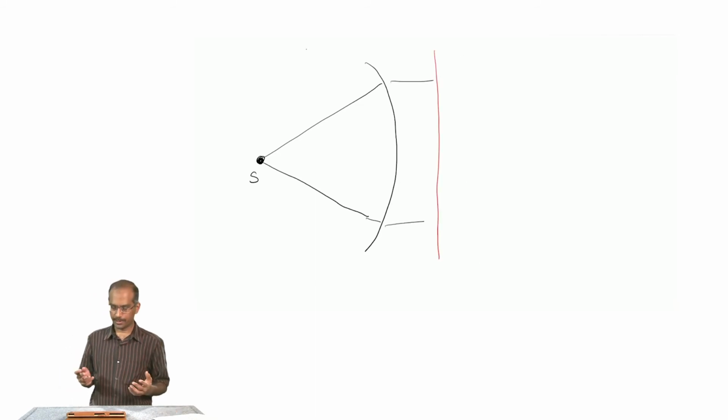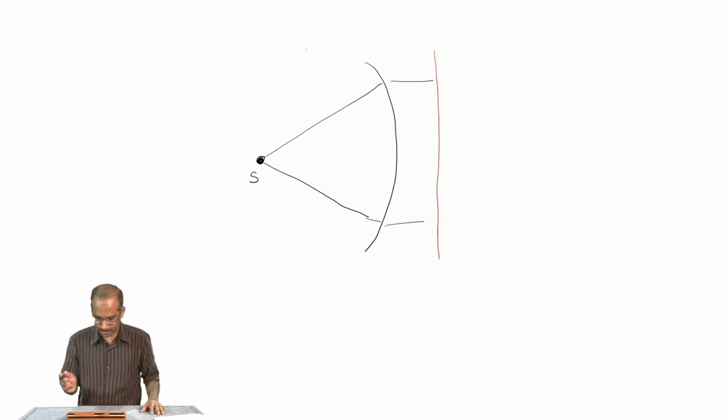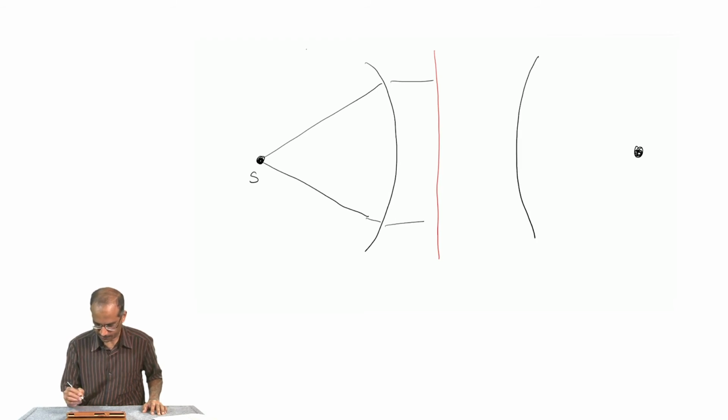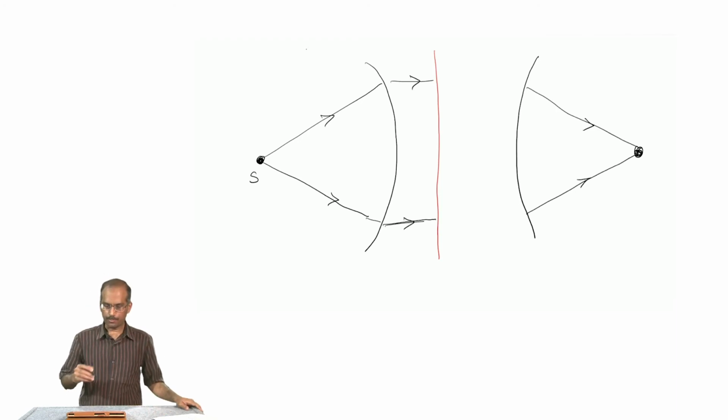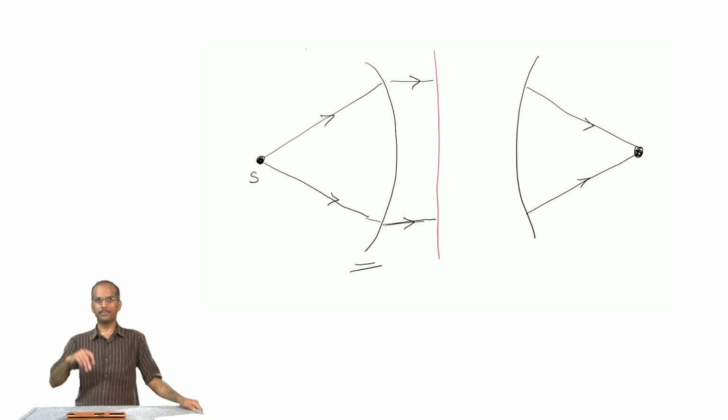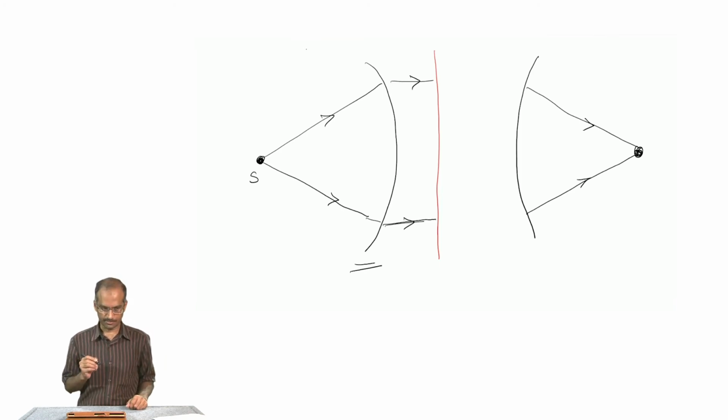If you put in optical devices, you can make it finally converge at some other point here, and of course, the converging wavefront might look like this. The point to note is that all the points along the wavefront, let us take for example this wavefront, have travelled the same optical distance. In other words, they are at the same optical distance from the source.